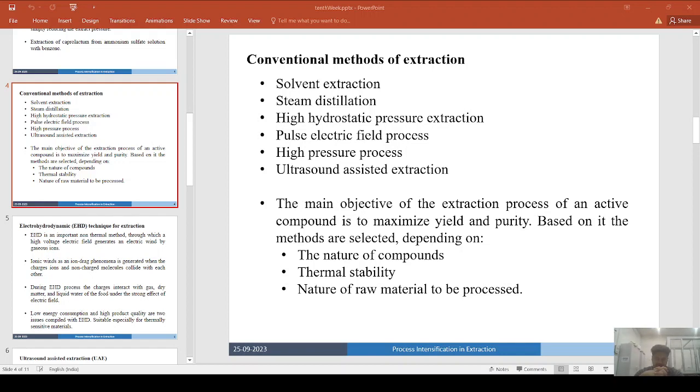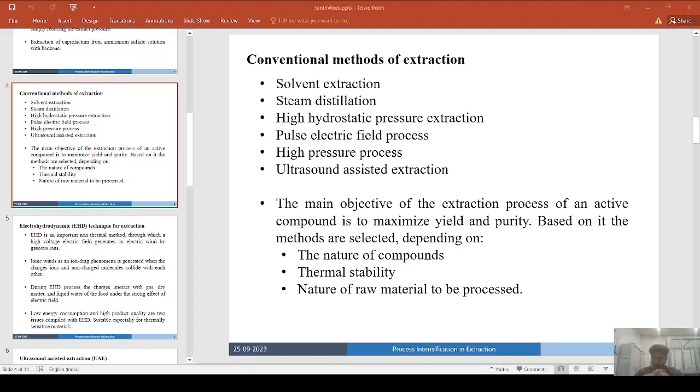So the selection of the methods to extract active components with maximum yield and highest purity, that is your goal, and this will depend on the nature of compounds, thermal stability, and nature of raw material to be processed.